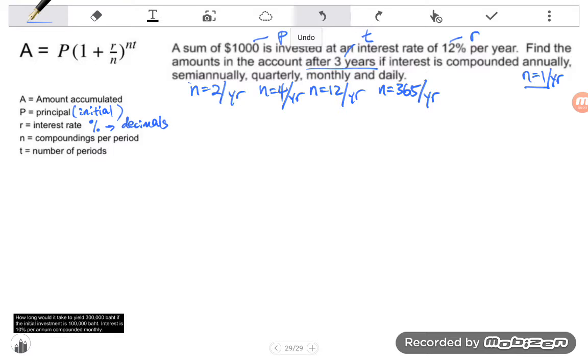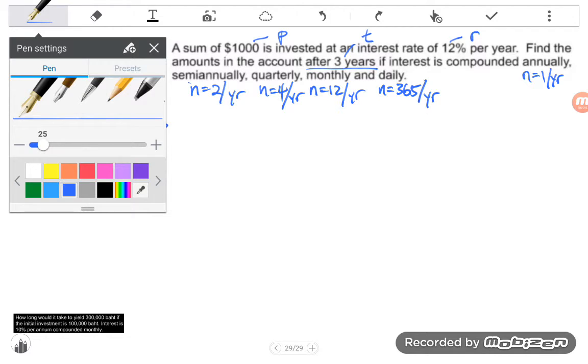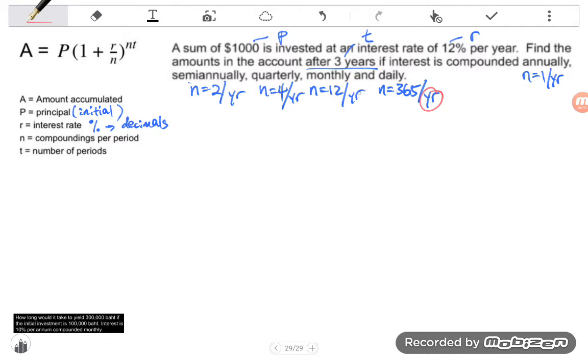But before I do that, I want to spend a bit more time on this part. Why is it all per year, per year, per year?